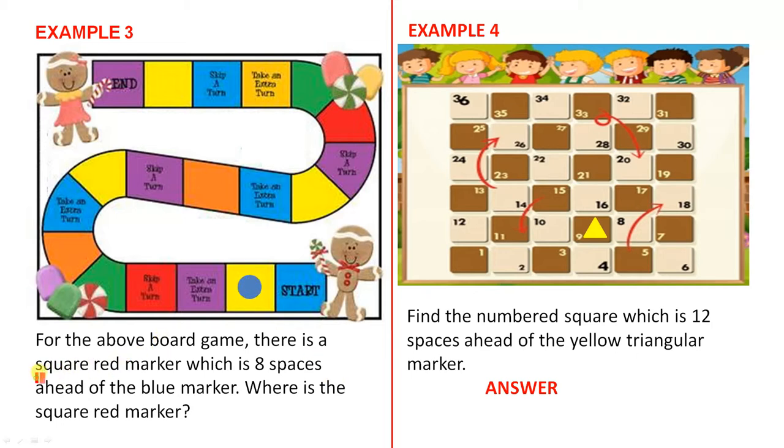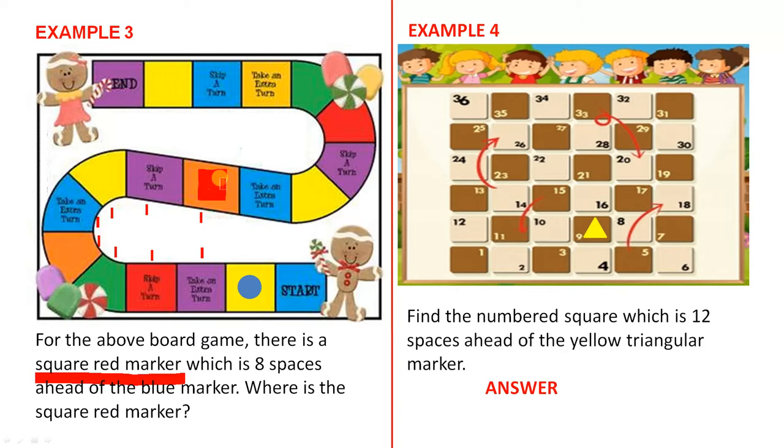The square red marker is 8 spaces ahead of the blue. So let's just count 8 spaces. Here we go. 1, 2, 3, 4, 5, 6, 7, 8. So let's pretend that's the square red marker there. And that's where it would be.